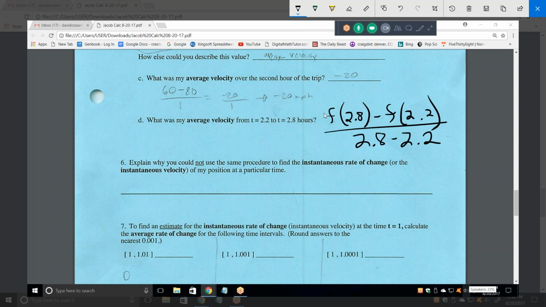This is the rise. This is the run. Average is always rise over run. The only reason instantaneous is difficult is because rise is 0 and run is 0. So you end up with 0 over 0, which is called indeterminate, and you can't really figure out what it is. And that's why calculus is needed. But for average, it's always that.